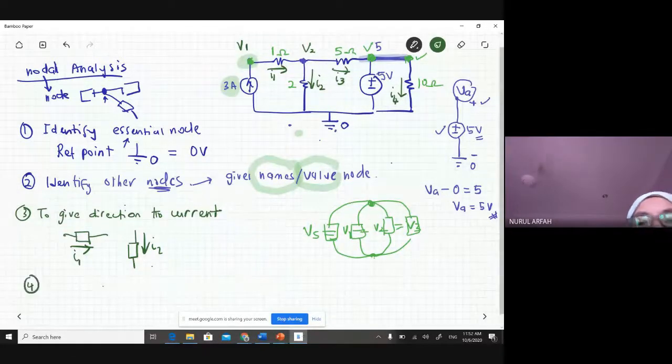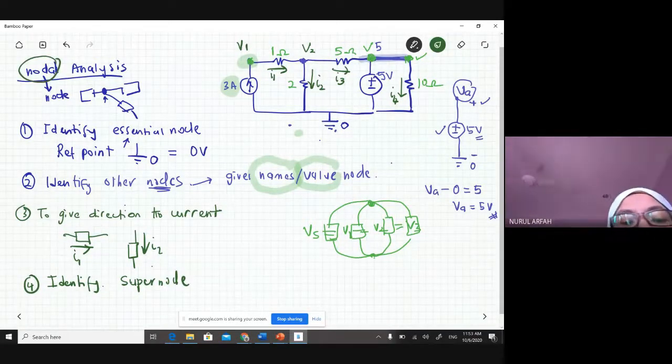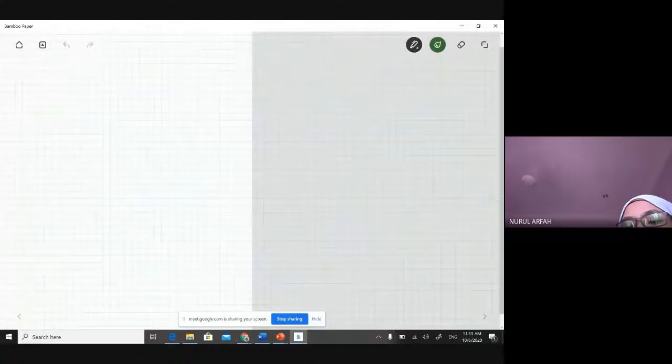Number 4, what should you do? You should identify is there any super node? Because the name tells you there's a nodal, so you need to figure out, is there any super node in here? So what is a super node?